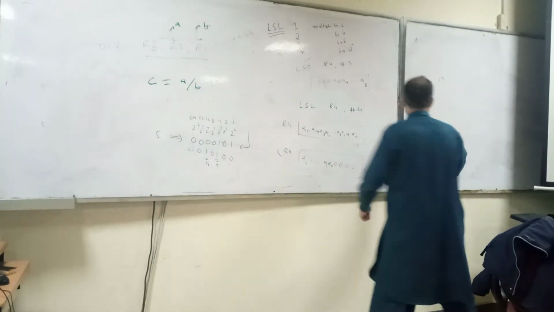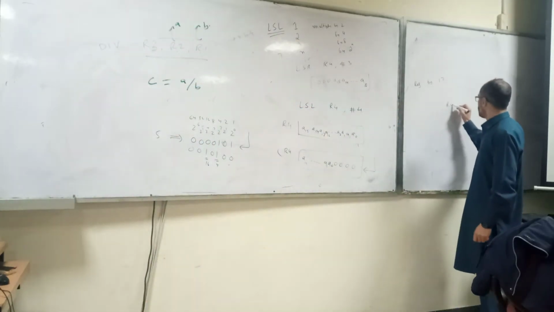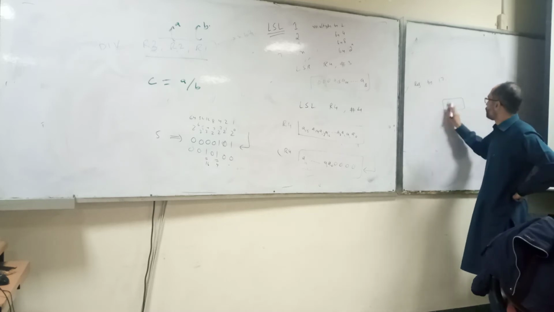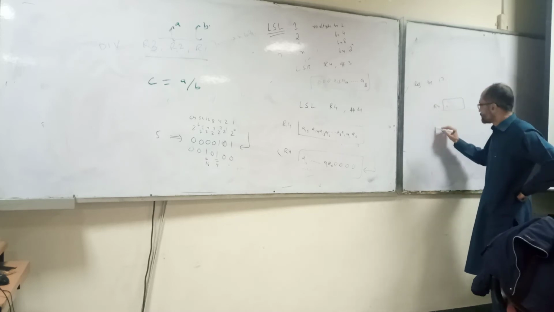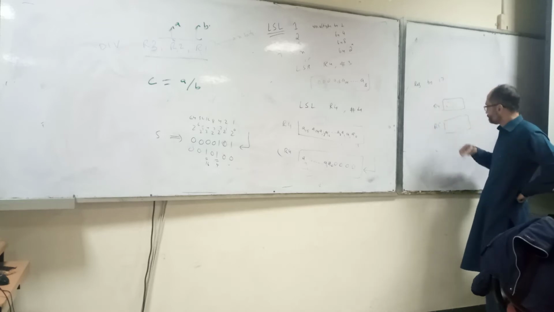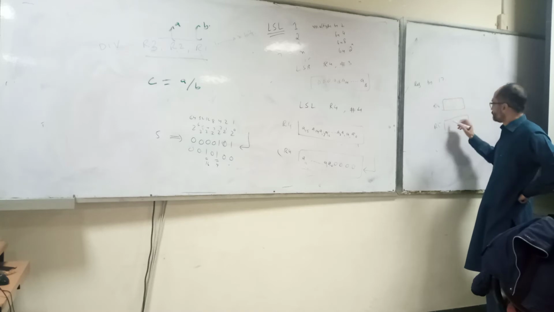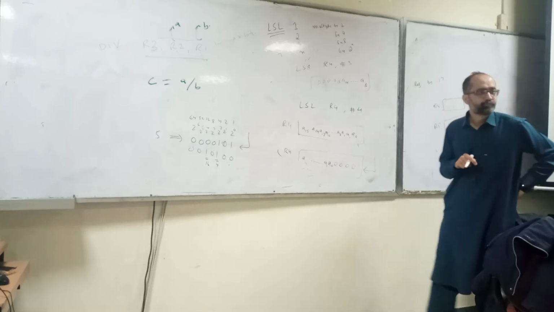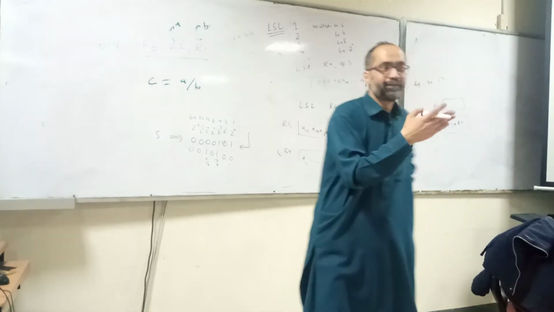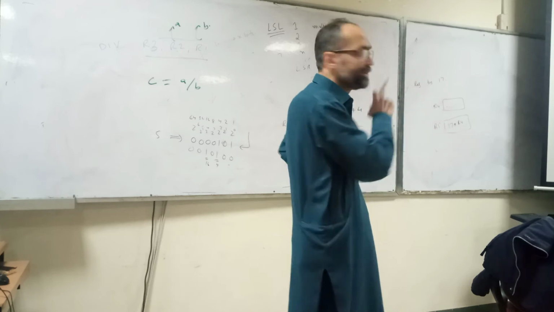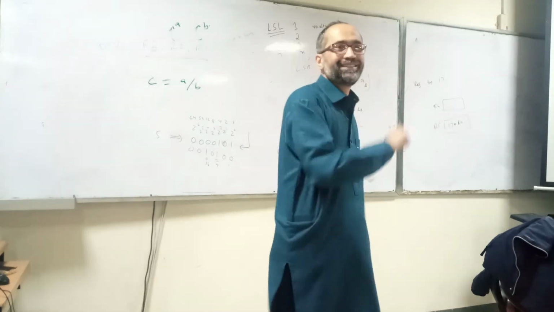So let's assume this is your source register R4, and this is your destination register R5. So R5 should contain 17 multiplied by R4. How can we achieve this? First we logical shift left by 4, and store the result, and then we add.